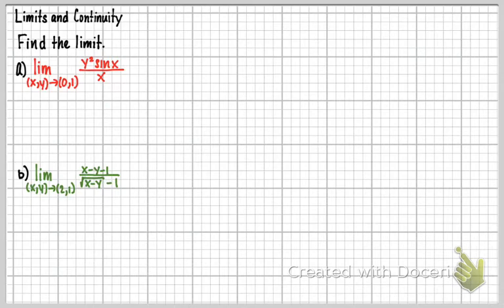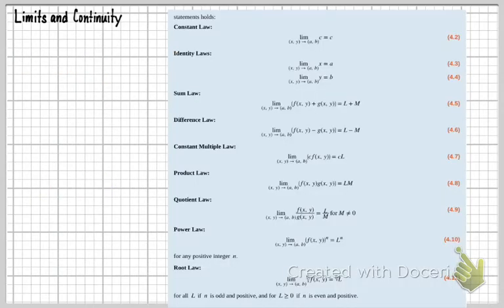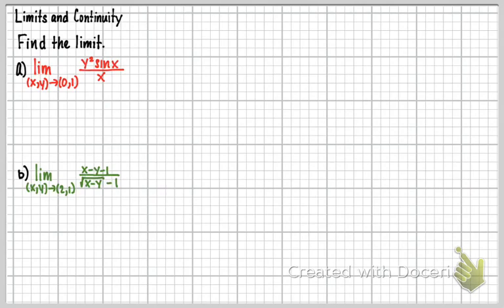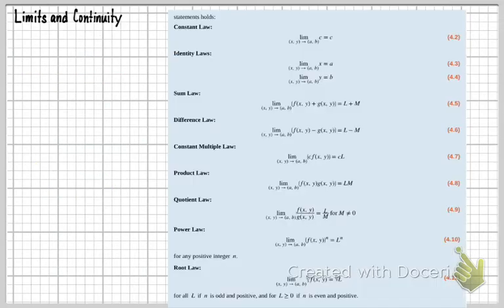So remember in the last video when I talked about the different statements that hold for the different properties for limits. The condition was that the limit had to exist for both of the functions individually. So what that means for us here is, is there a way I could split this, or in some sort of sum, difference, pull a C out, any of those properties that would help me?